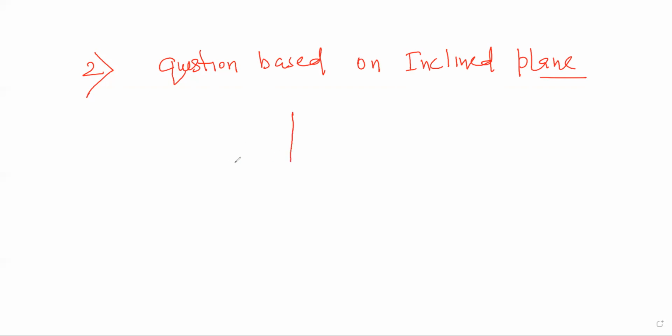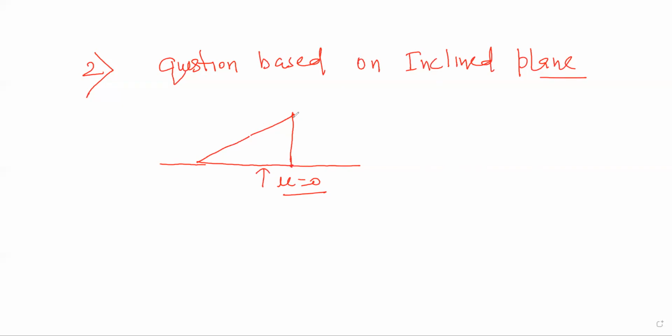Suppose this is an inclined plane and it is fixed on the surface. Right now I have taken it as fixed, but gradually I will discuss a question in which the plane is also allowed to move.